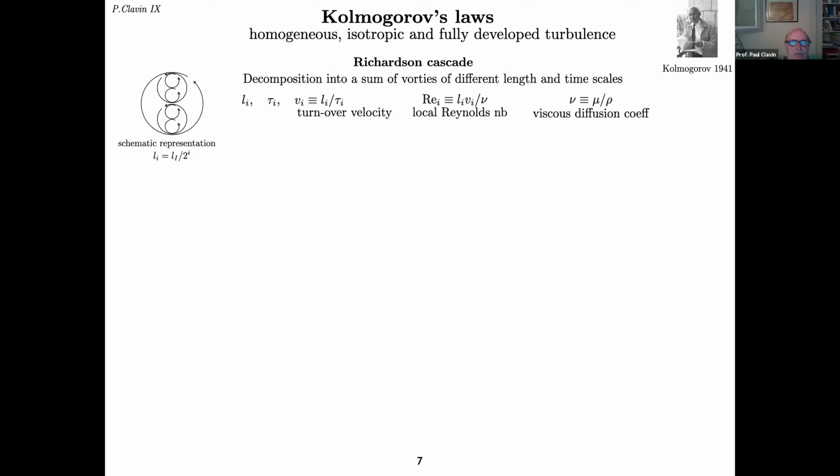One has the habit to consider that the turbulence is the superposition of a continuous set of vortices of dimension l_i, turnover time τ_i, with a relation for the turnover time and the turnover velocity, which is simply given by the ratio of the length, the dimension of the vortex, divided by the turnover time.